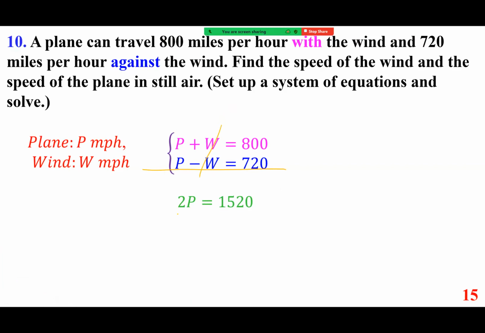Divide by 2. The speed of the plane becomes 760 miles per hour. Put it into the first, and W becomes 40, or the second one, it makes no difference. Make sure you check and recheck.